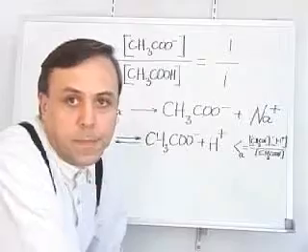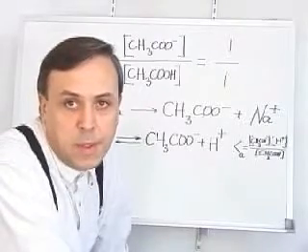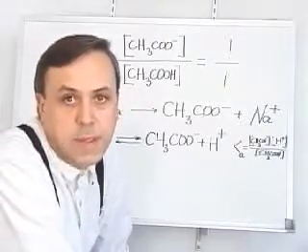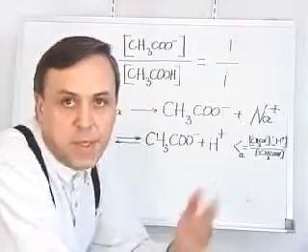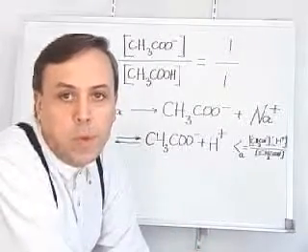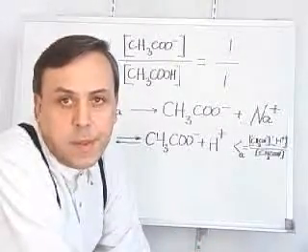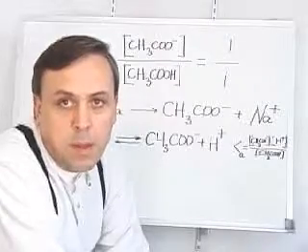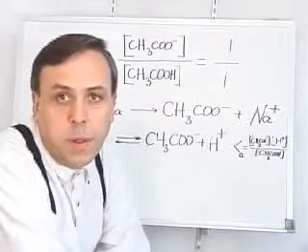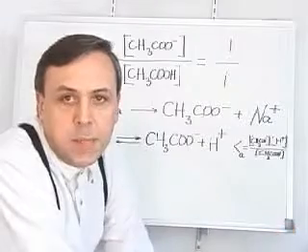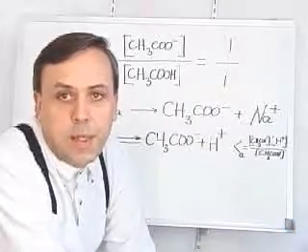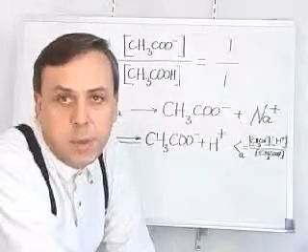So if we add a tangible amount of acetate, say by placing 0.1 moles of sodium acetate in 1 liter, then sodium acetate can be considered practically the sole contributor of acetate ions in this solution.